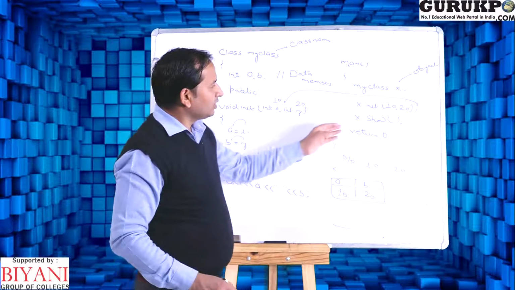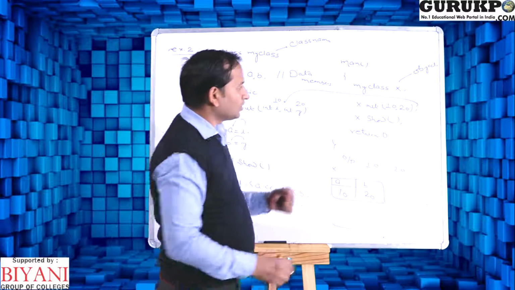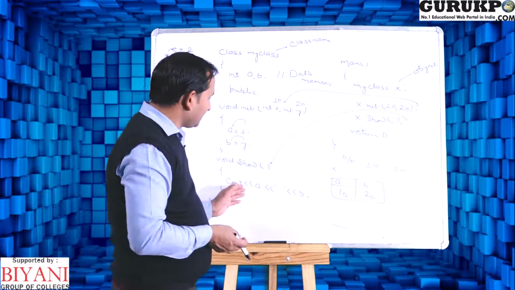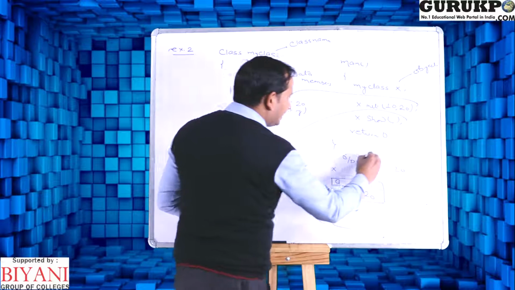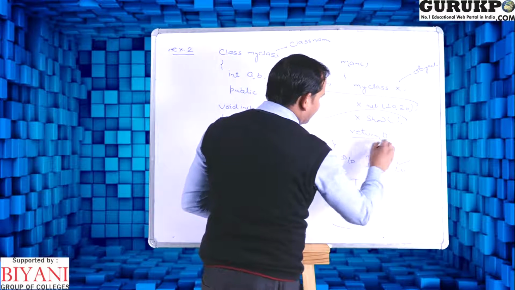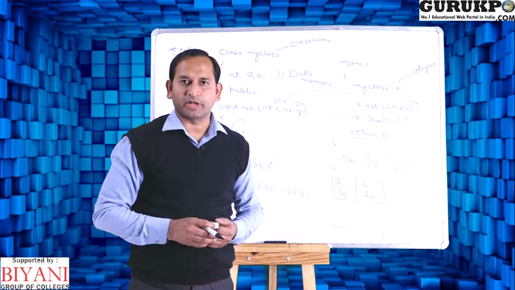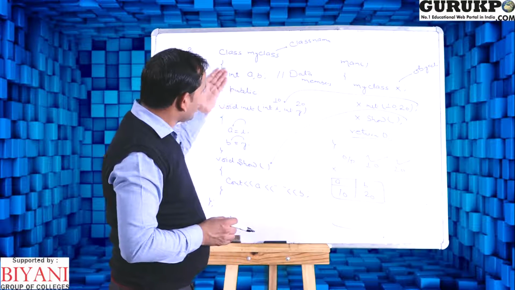Now, we call the show function by using object x, x.show. Then control goes to the show function, and here we are printing a and b. So, it prints the values 10 and 20. Return 0 is the proper termination of a program. So, this is another very simple C++ program in which we are using data members and member functions.